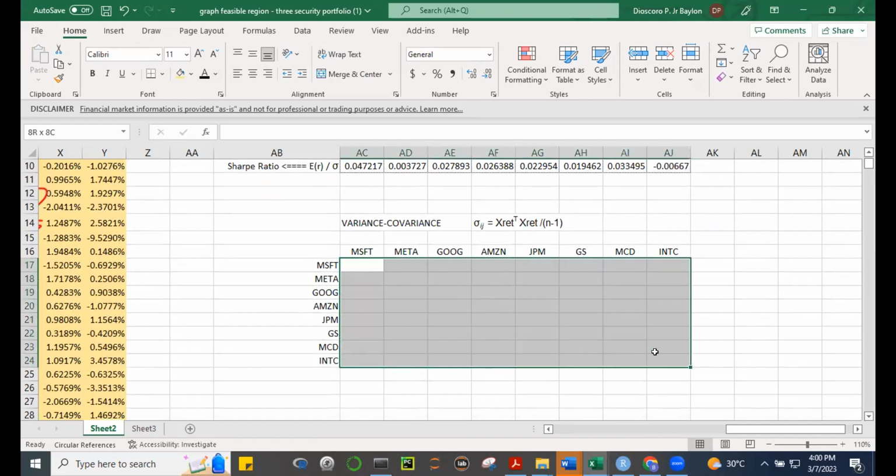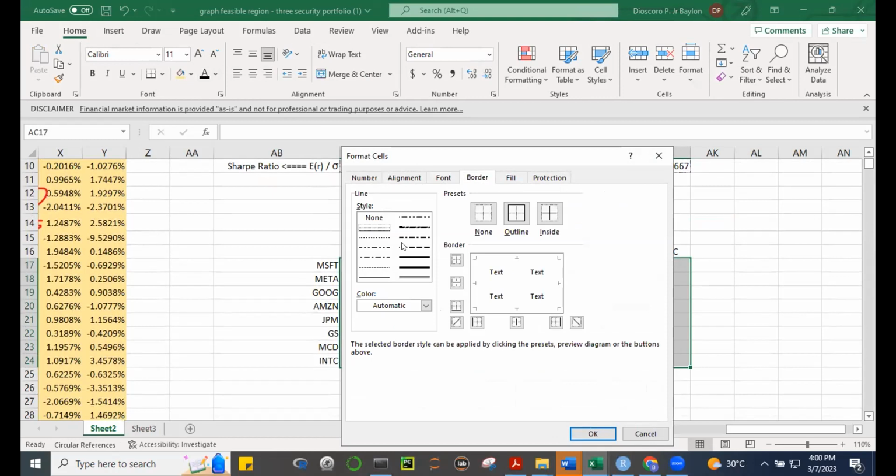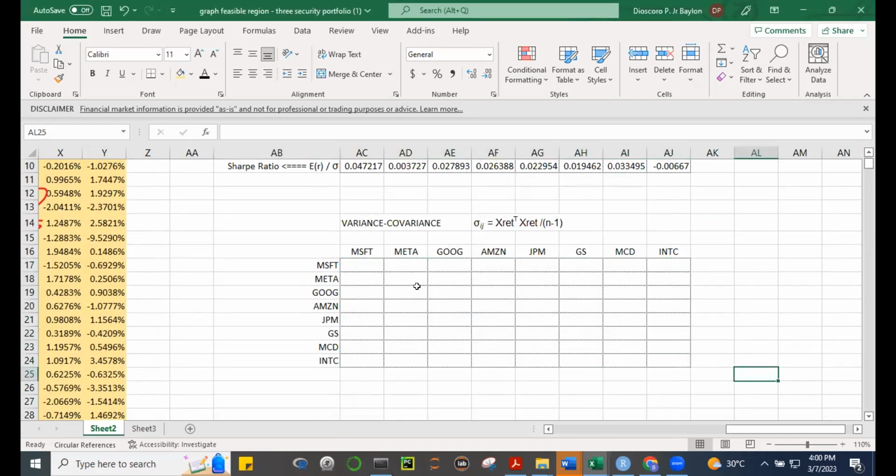If you take a look at this matrix, let me put here some borders. When we pair our asset with this asset, this one, class, this will be the covariance of Microsoft with Microsoft.